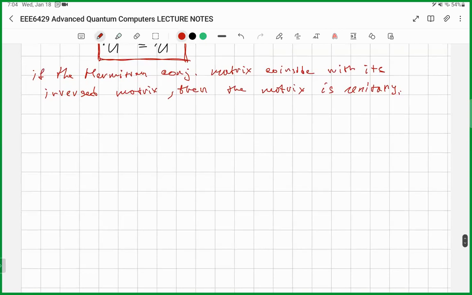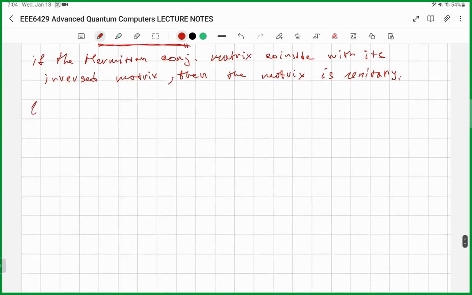And another sentence that is probably important to understand: the unitary matrix and the corresponding transformation, right? We say that any matrix corresponds to some sort of transformation or operator.